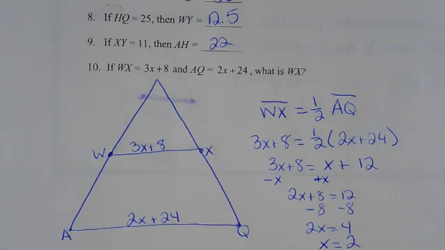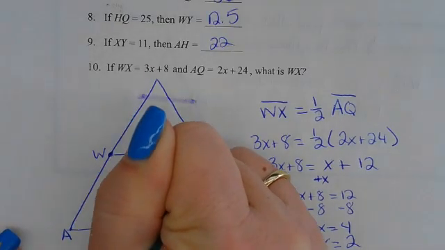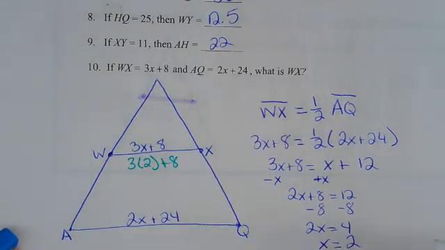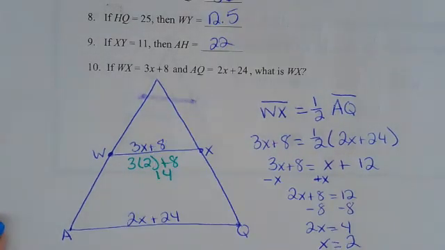Now I'm not done because I need to substitute the 2 in for x so I can determine the length. So I have 3 times 2 plus 8. Well, 3 times 2 is 6, plus 8 is 14.